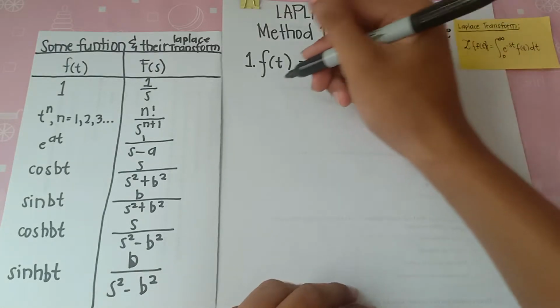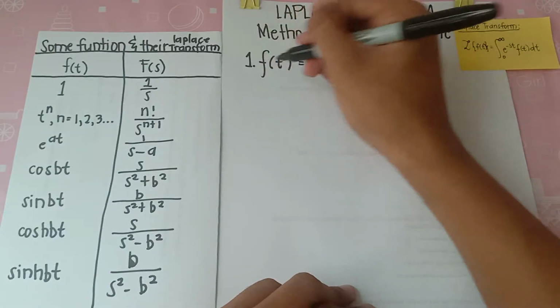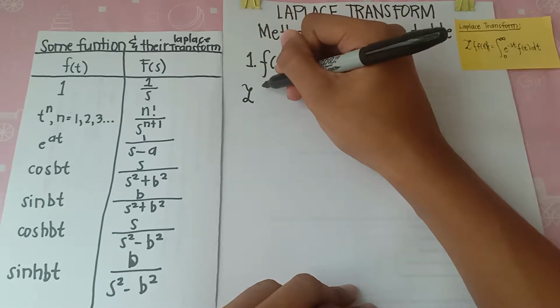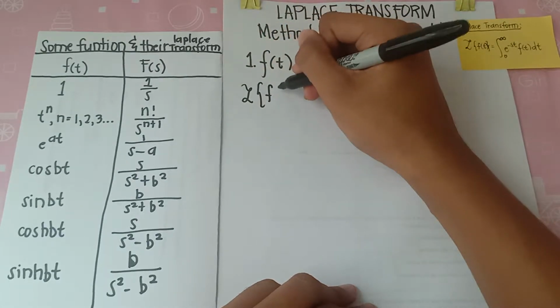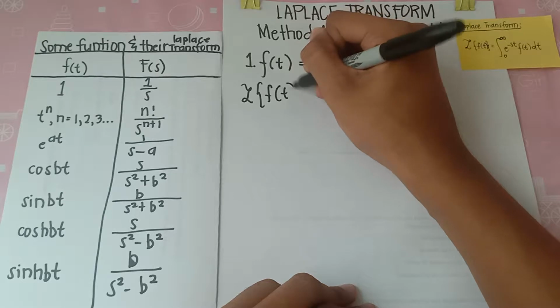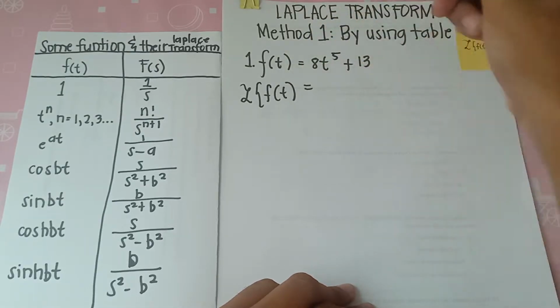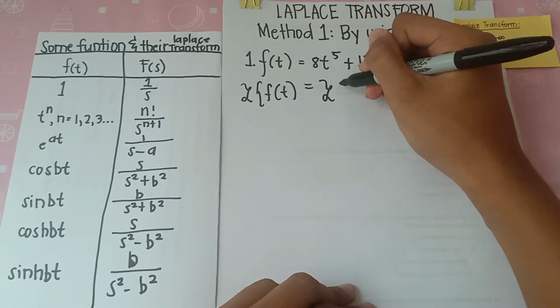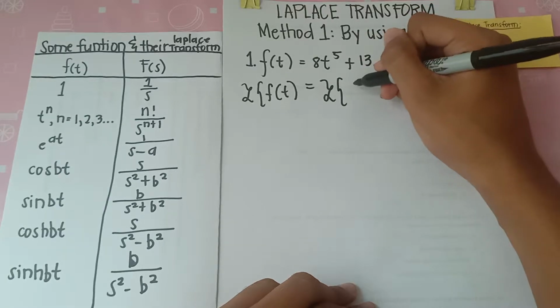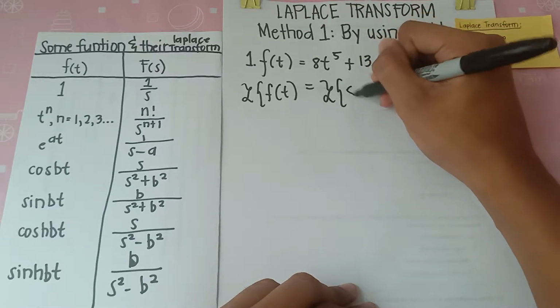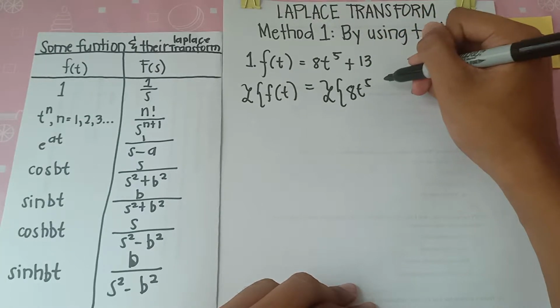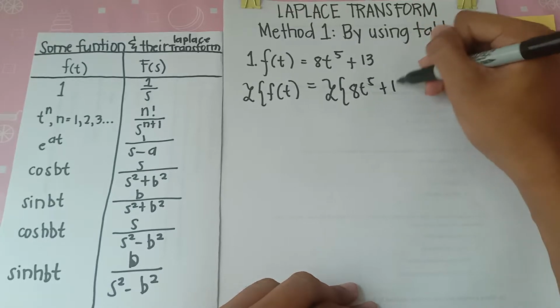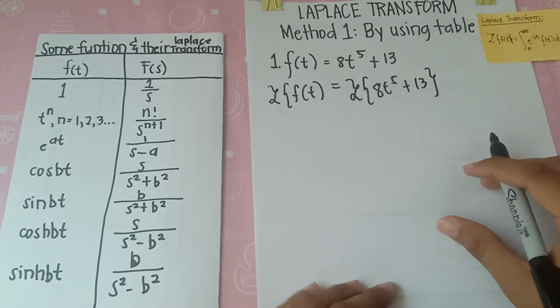The first method is by transforming this function to the Laplace transform of f of t, which is equal to the Laplace transform of each term, 8t raised to 5 plus 13.